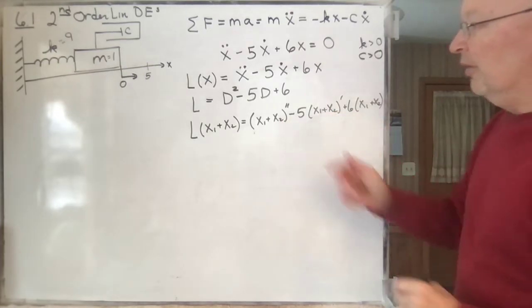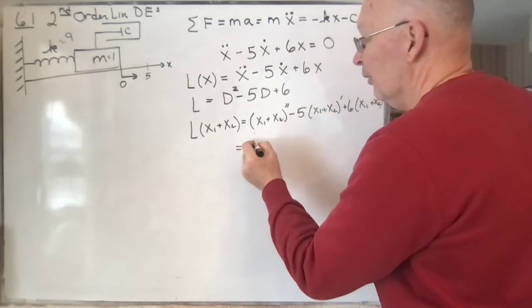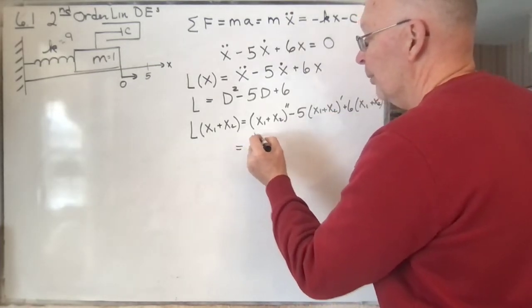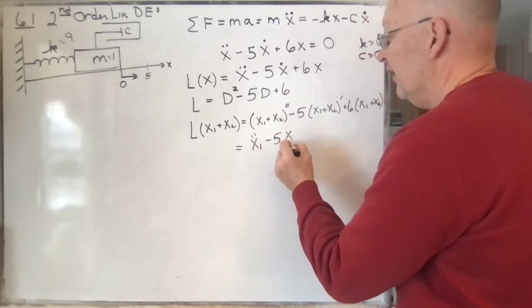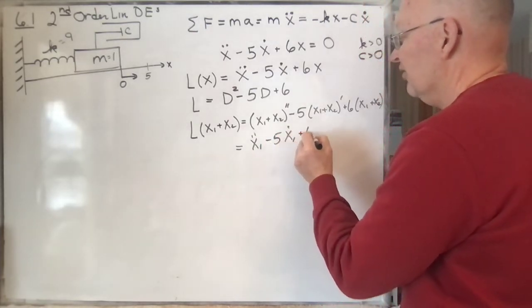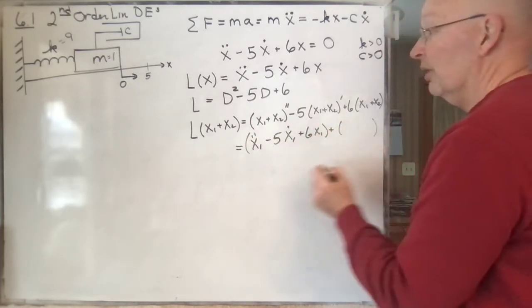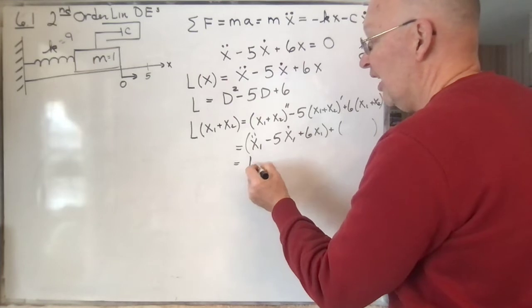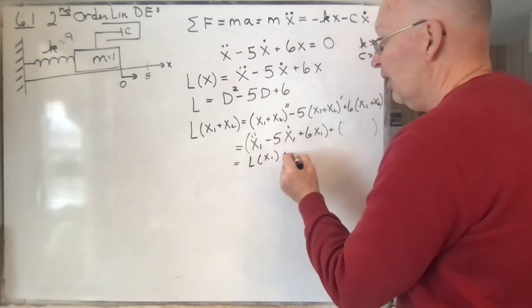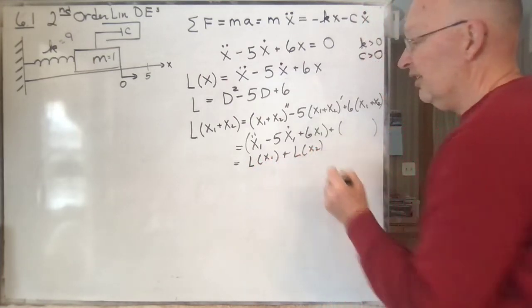And this thing you can break up and write as x1 double prime minus 5x1 prime plus 6x1, and then you can do the same thing with x2. And so notice that that's just L of x1 plus L of x2. See that? So it's linear.